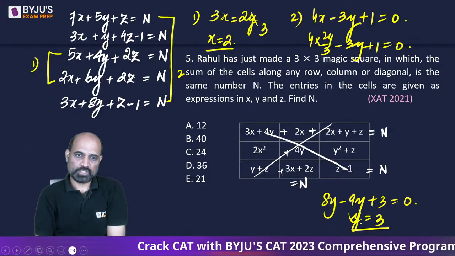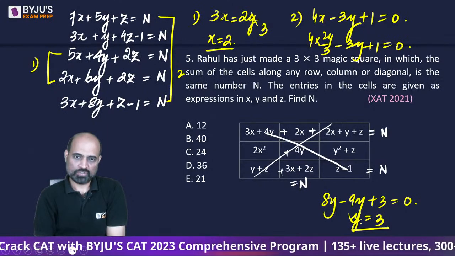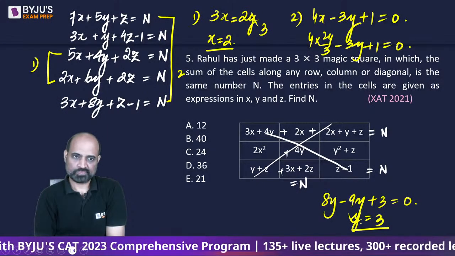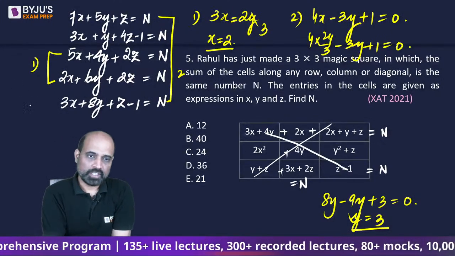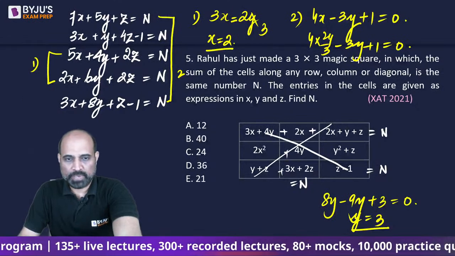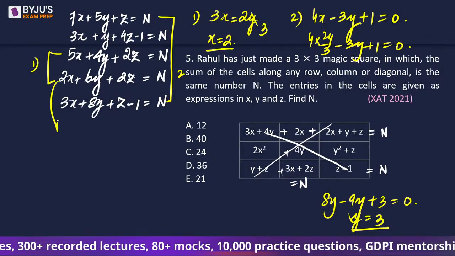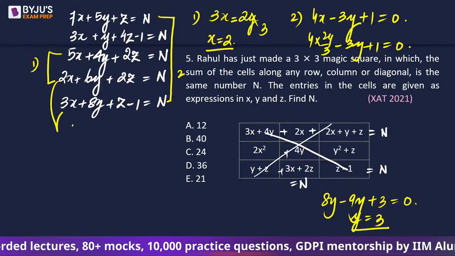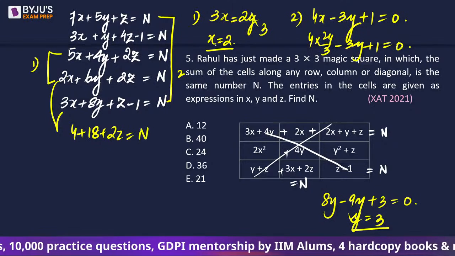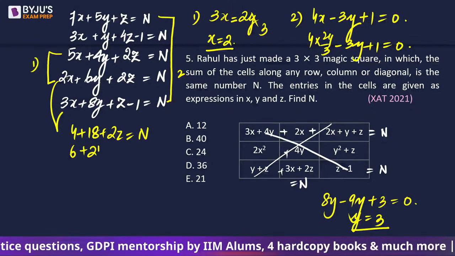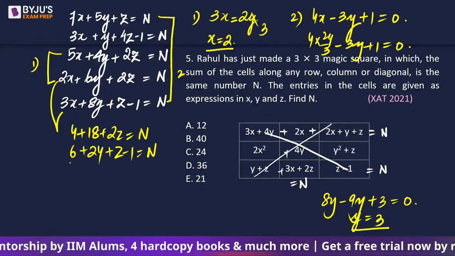We need to find out the value of z. So we can put it at 2 places and eliminate. ठीक है. I need some space, so I'm going to hide myself. So I'll take these two. 2 into 2, 4, 6 into 3, 18, plus 2z is equal to n. 3 into 2, 6, plus 8 into 3, 24, plus z minus 1 is equal to n.